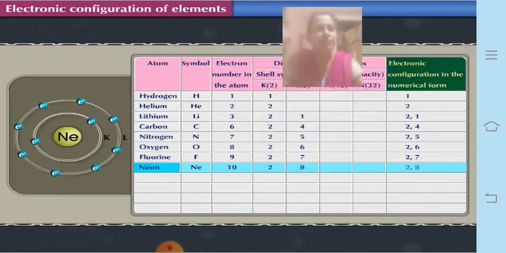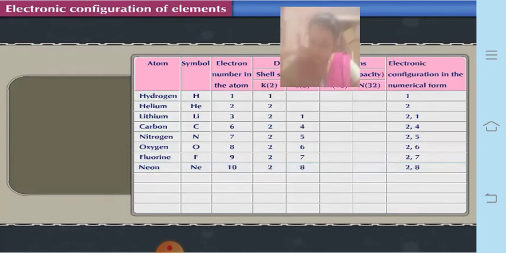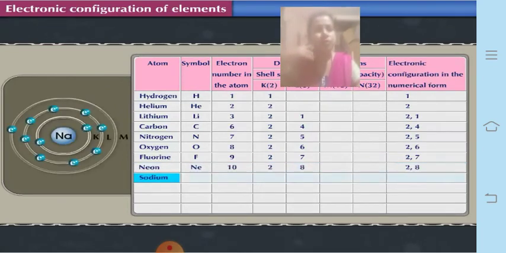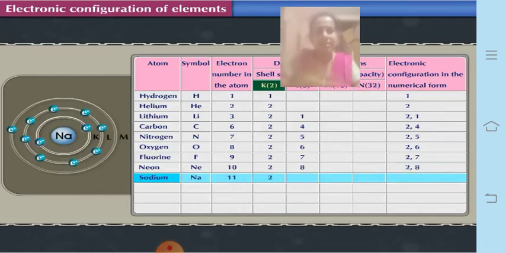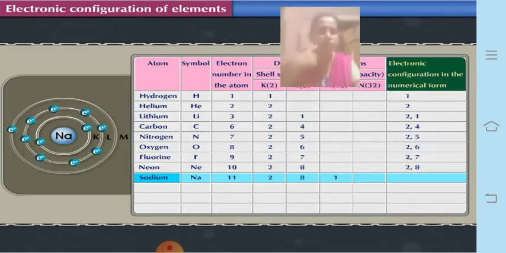Then the next one is sodium. The sodium symbol is capital N and small a, and the number of electrons is 11. So it has already filled even the second shell, that is 2, 8, and the last one goes in the M shell, that is 1. So its electronic configuration becomes 2, 8, 1.